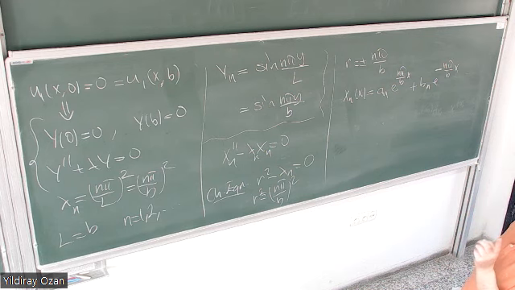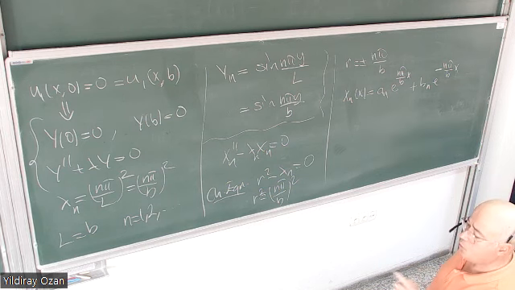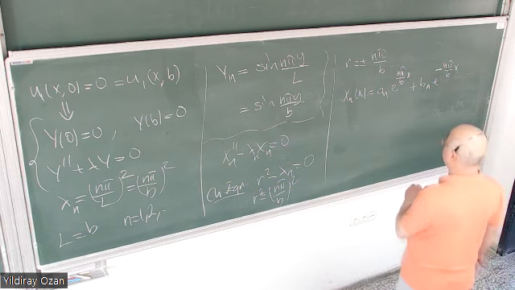All right, we have this homogeneous condition, u1 sub x equals 0 at x equals a.